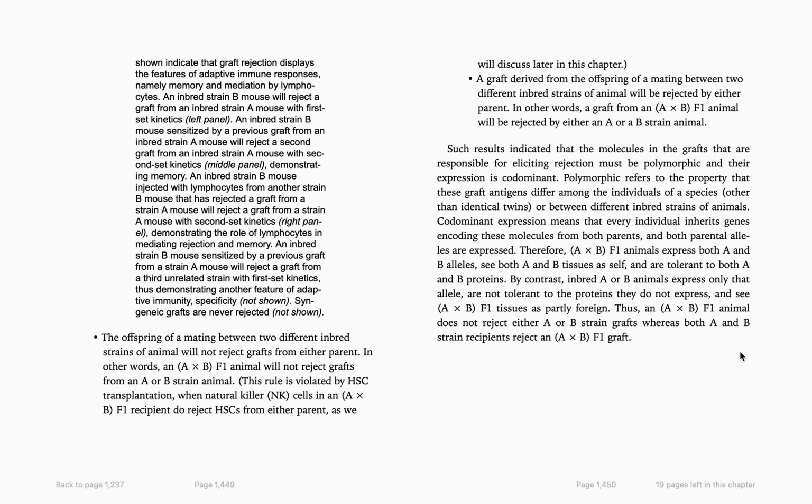Codominant expression means that every individual inherits a gene encoding this molecule from both parents, and both parents' alleles are expressed. Therefore, A times B animals express both A and B alleles. These see both A and B tissue as self and are tolerant to both A and B proteins.